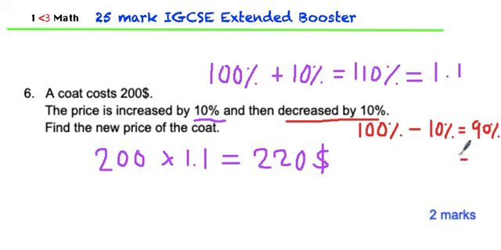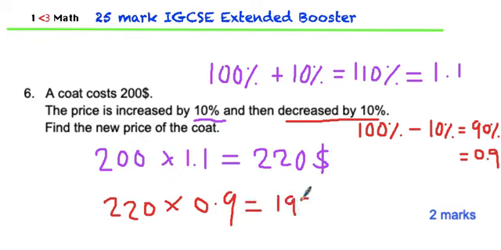So the multiplier is going to be 0.9. So the second part of this question is going to be 220 times 0.9, and we get as our answer $198.